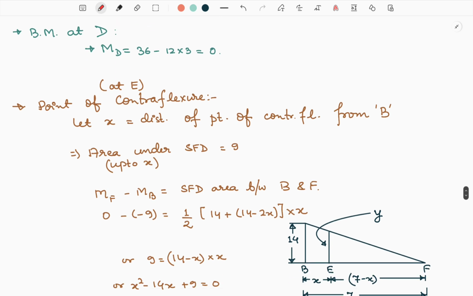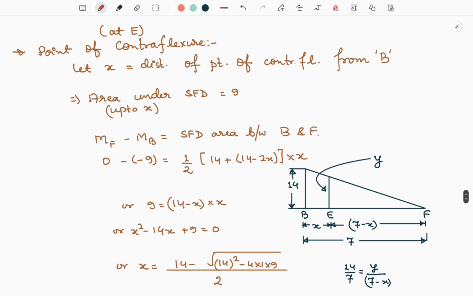And for contraflexure we have calculated the value of distance x like this, using this triangular diagram of shear force diagram, using this section of trapezium. We have calculated the value of x, since area of trapezium is equal to half into sum of parallel sides into distance between them.